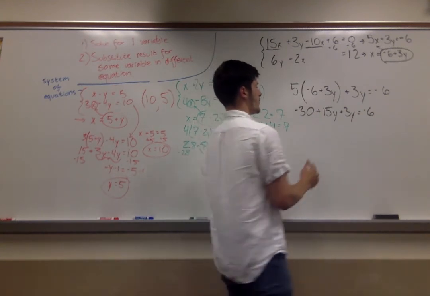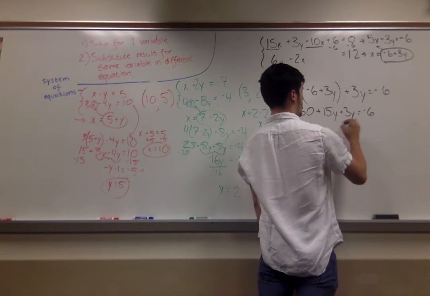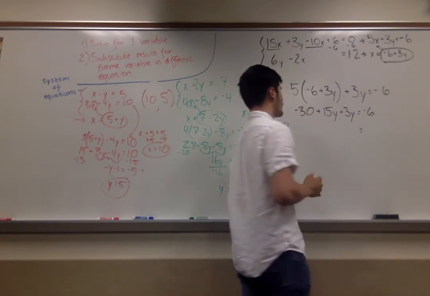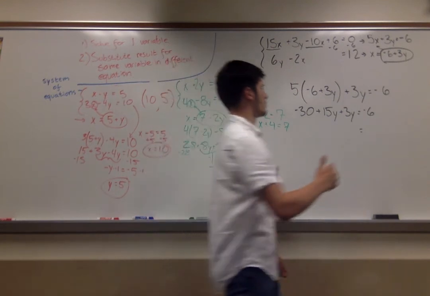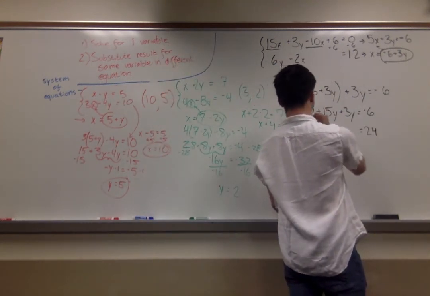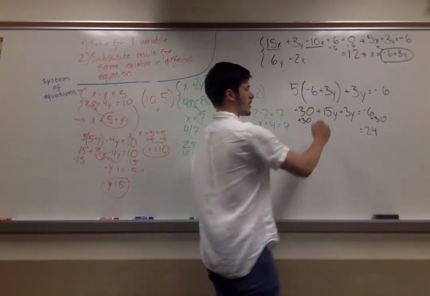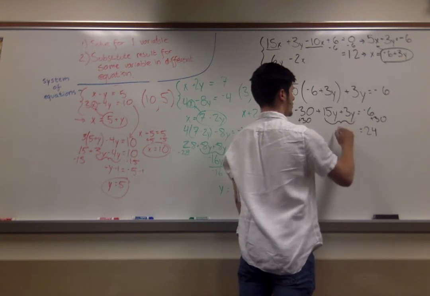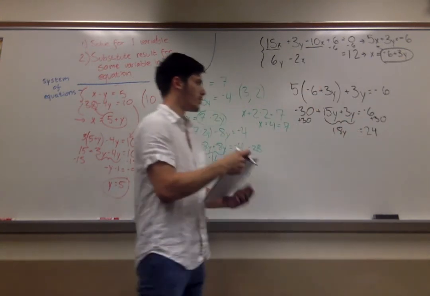Combine like terms. If we move this over here, we get negative 6, that would be plus 30, so we get positive 24. And then when we combine these like terms, we get 18y equals positive 24.